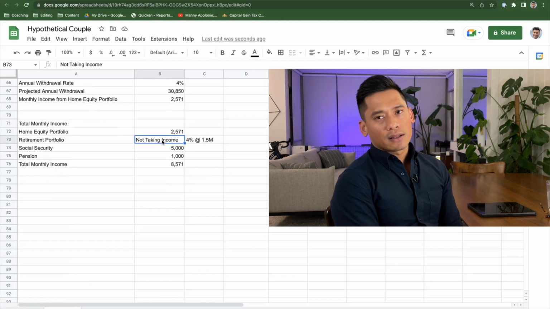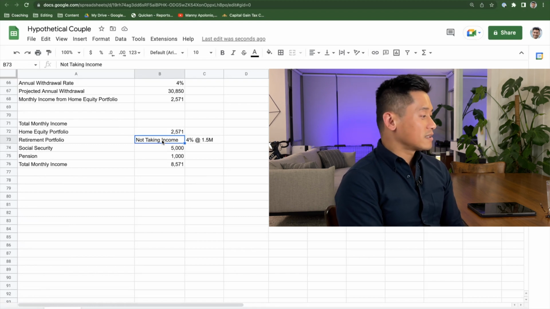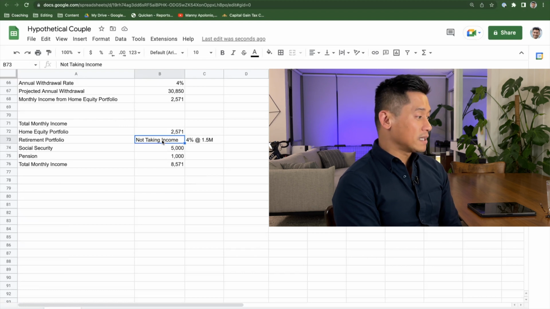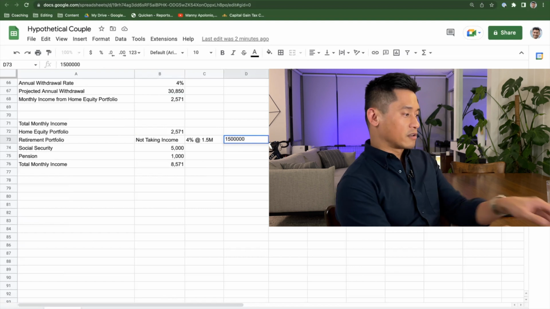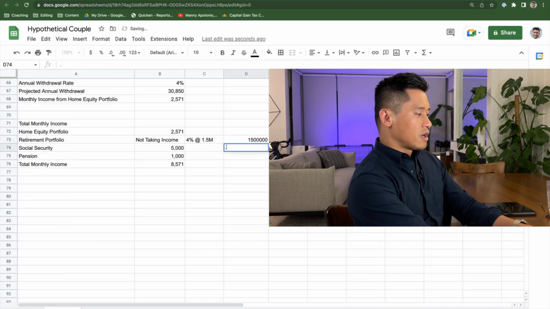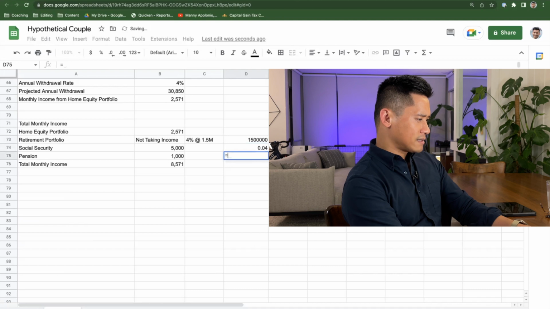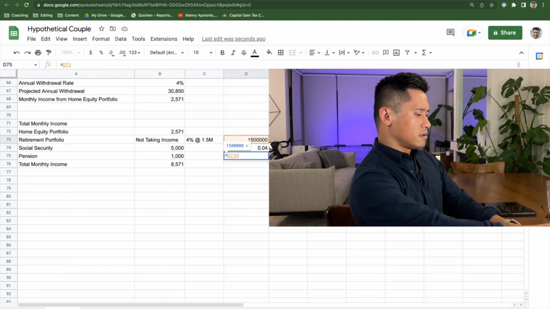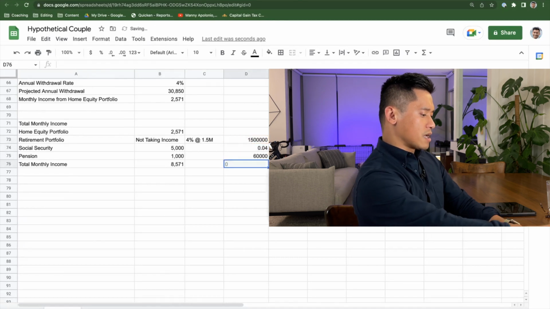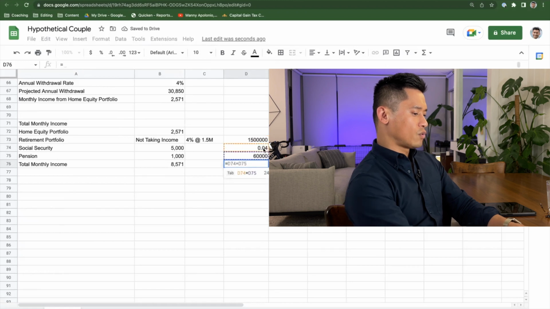Do you remember I told you that the couple had $1.5 million in their retirement portfolio? They decided they're not going to take any income from that. But if they wanted to, we would just do the same calculation, right? So you just do that, 4% of $1.5 million equals $60,000, divided by 12.